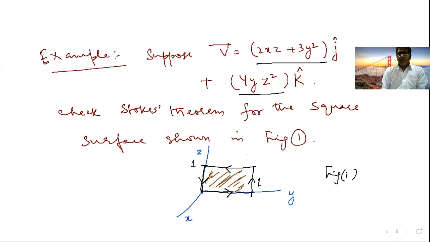We decide that while calculating the closed line integral we will go anti-clockwise this way. Then according to my right hand rule, the thumb will give me the direction of the area vector. So if I am going anti-clockwise in evaluating the right hand side of the theorem, the closed line integral, then the area vector is to be taken along positive x, right? Because of that right hand rule. Remember that.